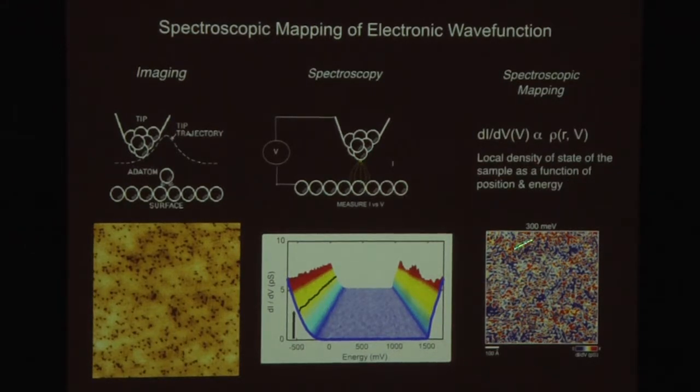And when I say spatially resolved, you can take a particular energy of electrons, whether 0 or some other energy, and ask, what does this look like in real space? So a lot of information can be obtained from these types of measurements. It can give you the structure, it can give you the distribution of energy of electrons, the electronic density as a function of energy, and their spatial dependence, and the connection between them and the structure of the sample. Okay?